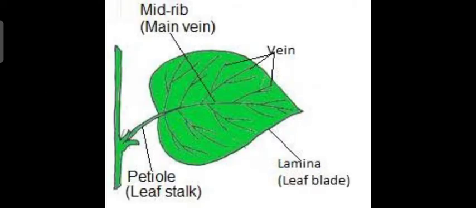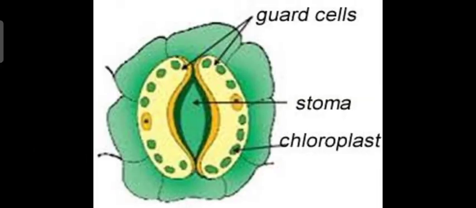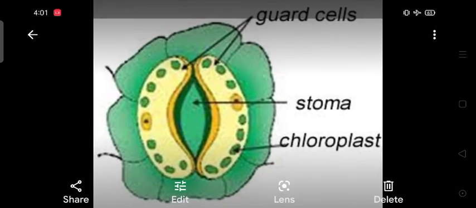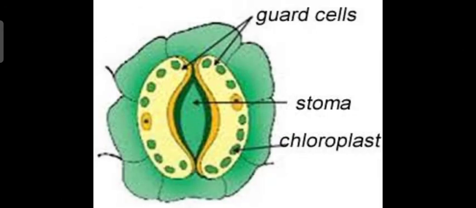The underside of every leaf has tiny openings called stomata. This is a picture of stomata. In the underside of a leaf, there are small openings. This is the opening, and this is called stomata.